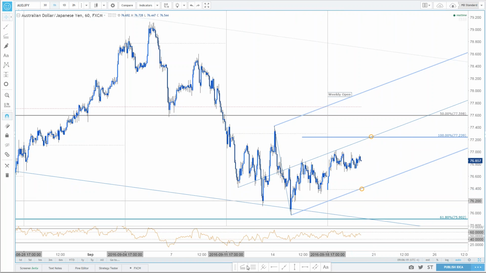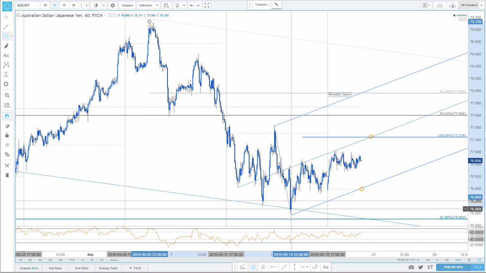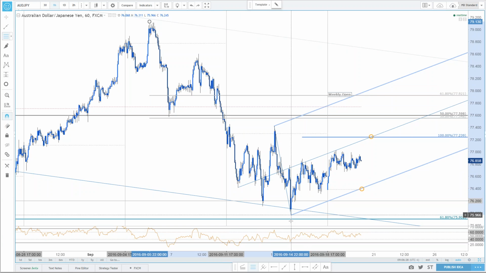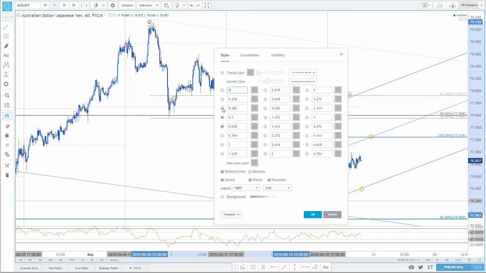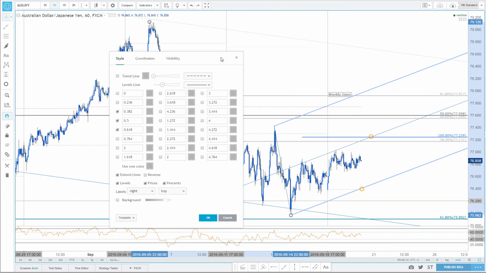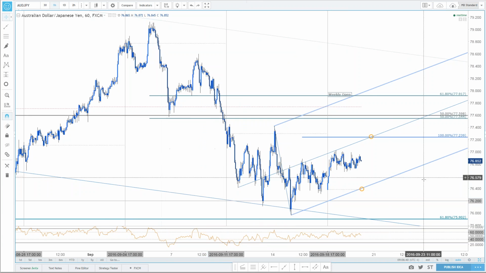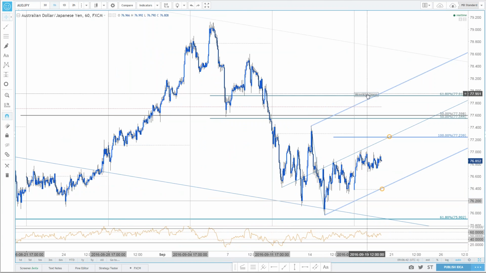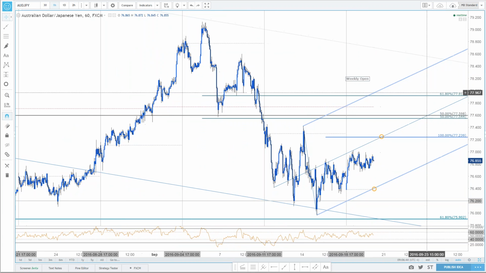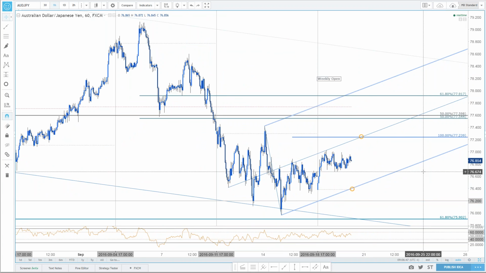So you can see it's kind of like a clean near-term play here, at least as far as the levels are concerned here for Aussie yen. Let me just see what this looks like. All right, so sort of the levels I'll be focused on for Aussie yen near term moving into the U.S. Open.